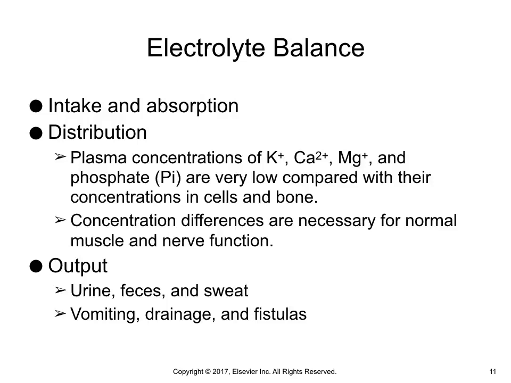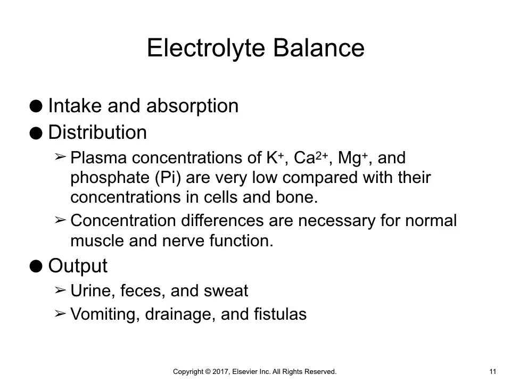Although sodium is an electrolyte, it is not included here because serum sodium imbalances are the osmolality imbalances discussed previously. Electrolyte output occurs through normal excretion in urine, feces, and sweat. Output also occurs through vomiting, drainage tubes, and fistulas.